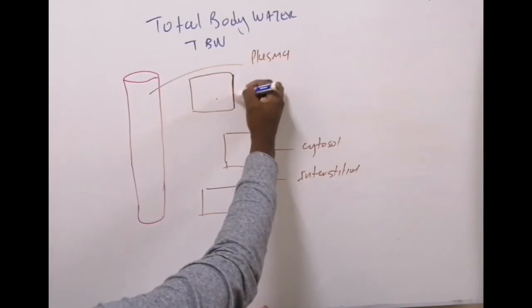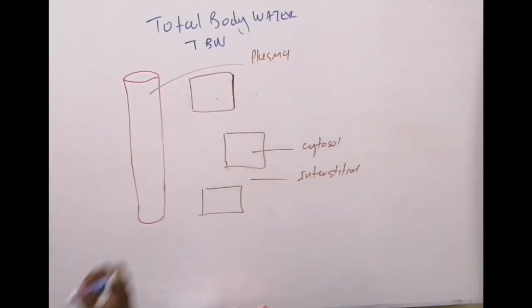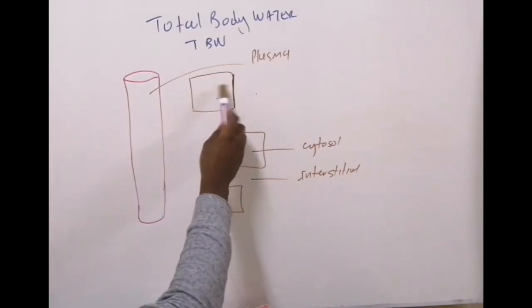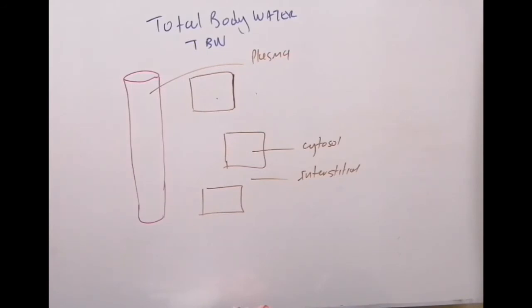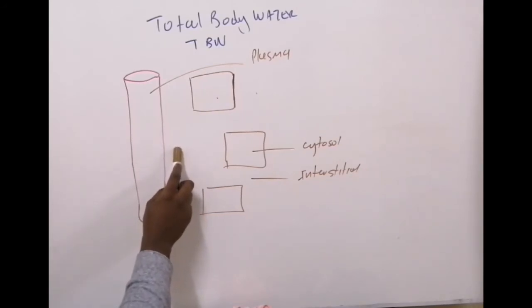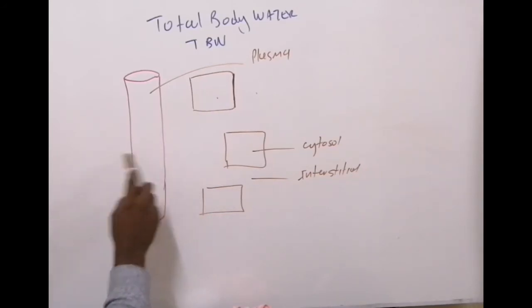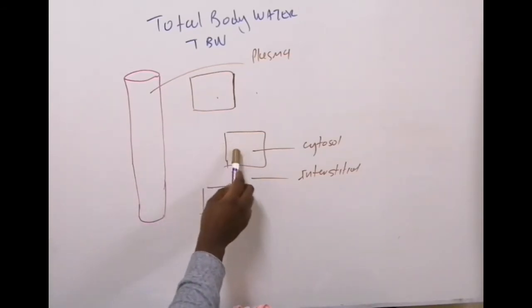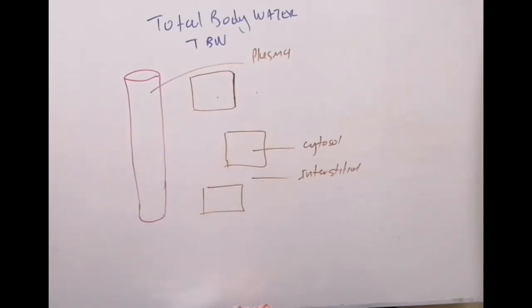It's a bilipid layer that separates these two. So it's easy for stuff to move from this side to this side and vice versa. So there's a movement of fluid from the intravascular to the interstitial and back. There's also a movement of fluid from the interstitial into the intracellular and vice versa.